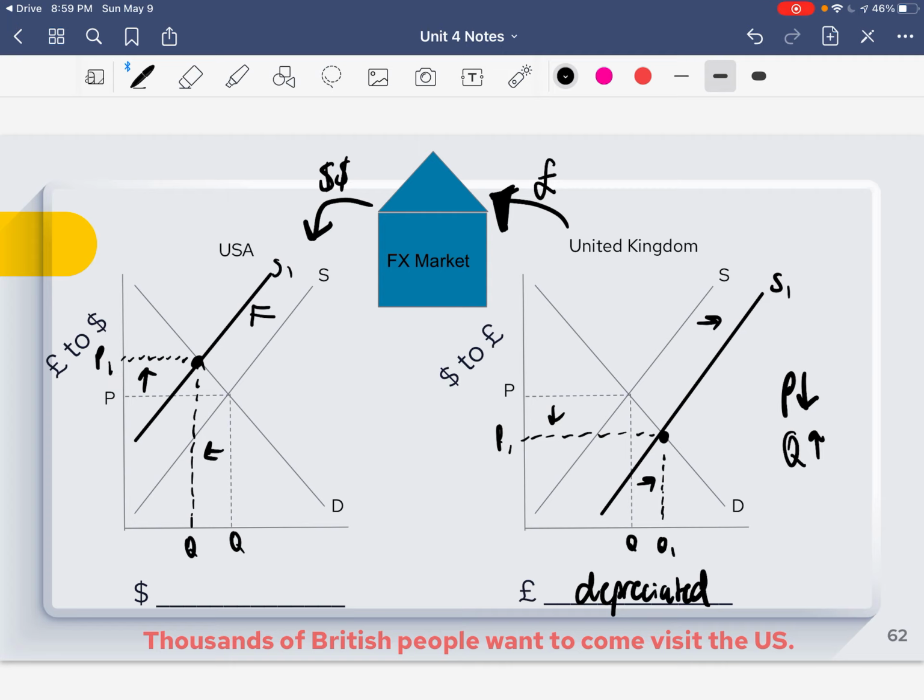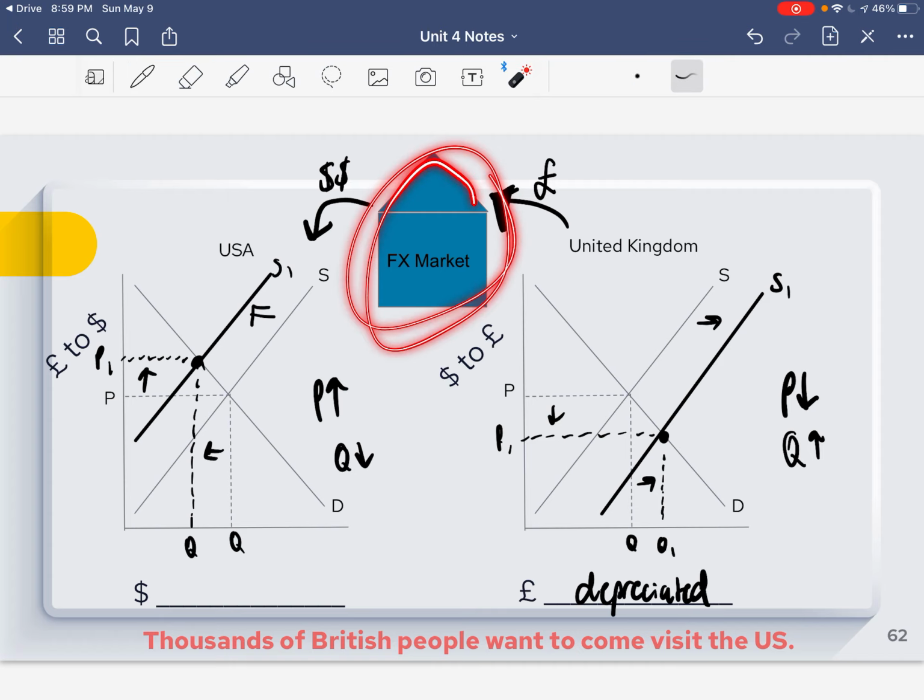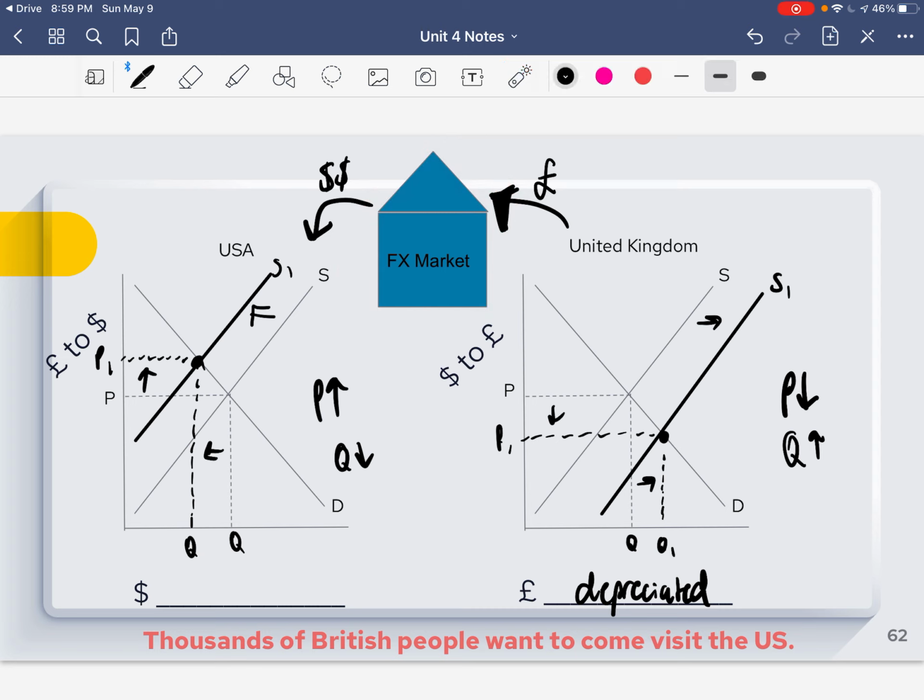Label it P1. So it looks like price increased, but quantity decreased of the US dollar because there's less of that US dollar in that foreign exchange bank. So if price increases, that means it appreciated. Appreciated. There we go. All right, let's do one more.